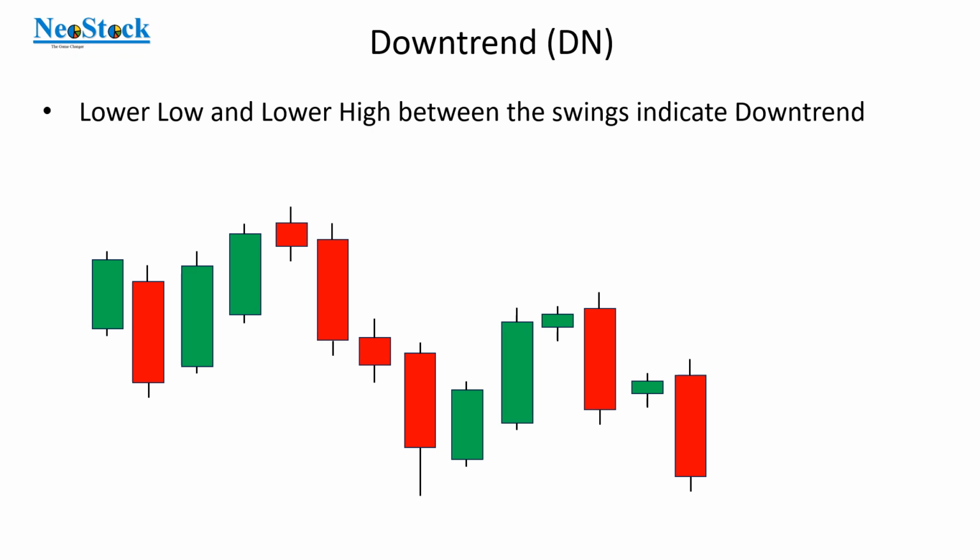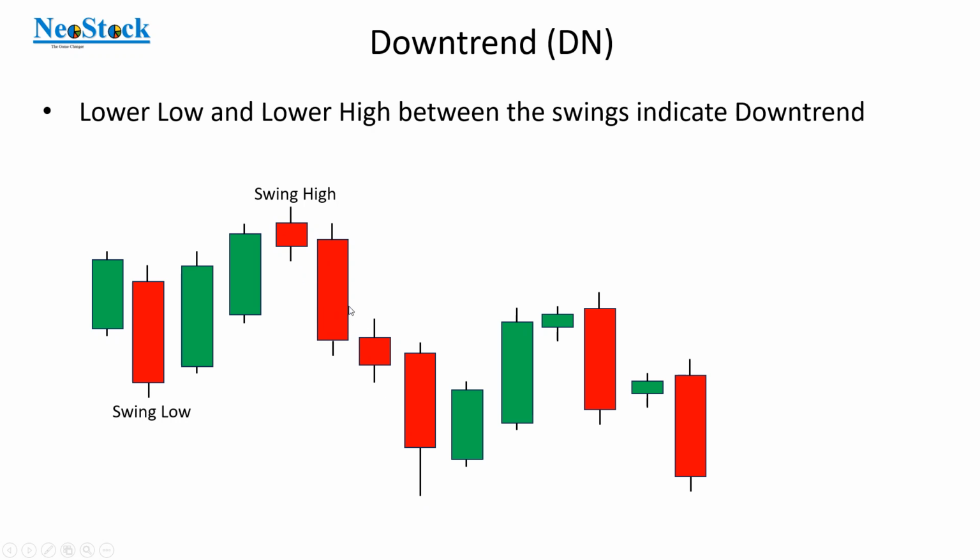Now look into this example. What is the first swing here? This is the first swing. So first swing, you identify what is swing high and what is swing low. So this is swing low and this is swing high. Now compare this swing low and swing high with the next swing. What is the next swing? This is the next swing.